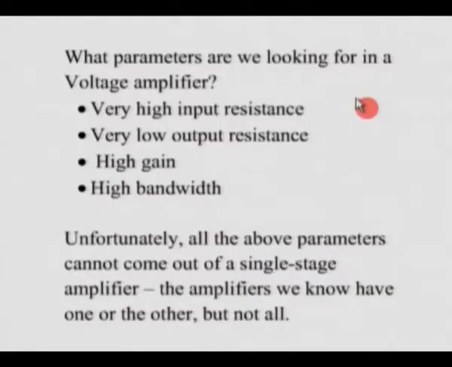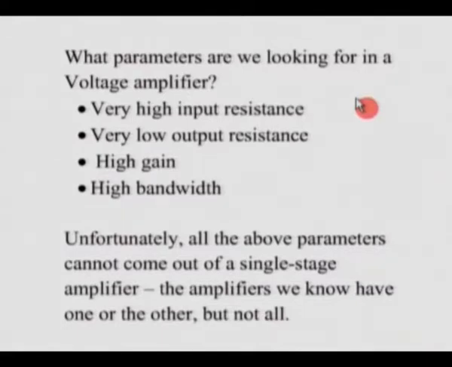Any current flowing into the load has to flow through this series resistance. Therefore, if we do not have a low output resistance, a lot of voltage will get dropped across that resistance, and the load will not get the full amplified output. So necessarily in a voltage amplifier we must have very high input resistance and very low output resistance.